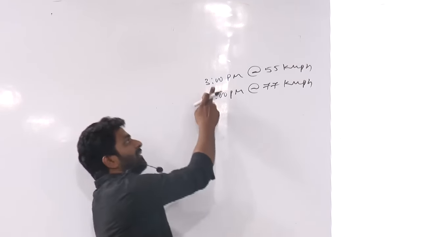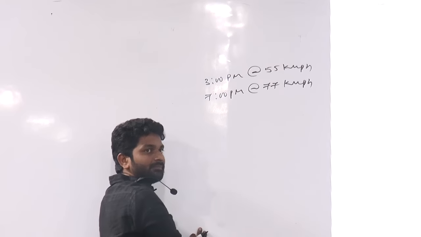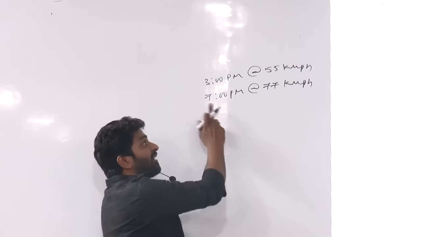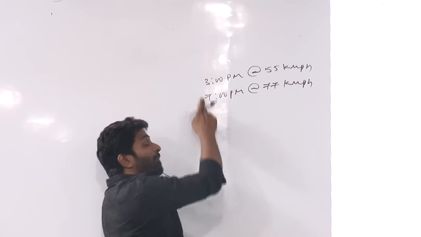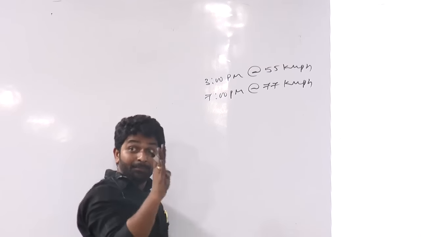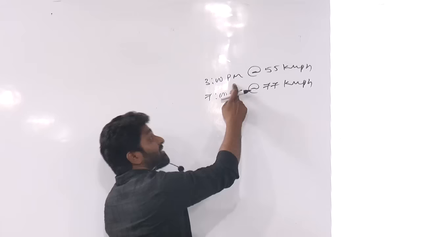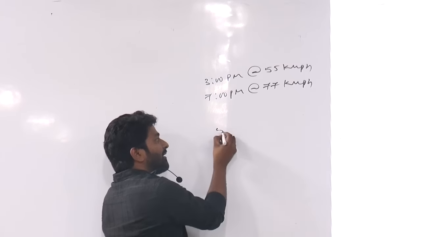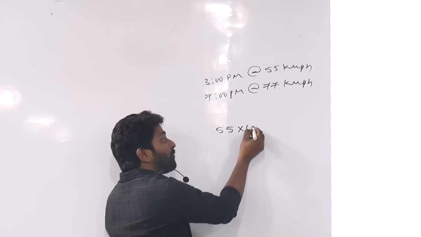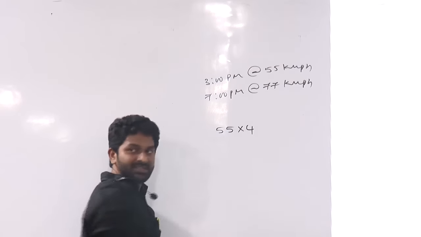Passenger train started at 3 p.m. and super fast train started at 7 p.m. In the sense, we have a gap of 4 hours. In that particular 4 hours, the passenger train can cover 55 into 4 kilometers distance.